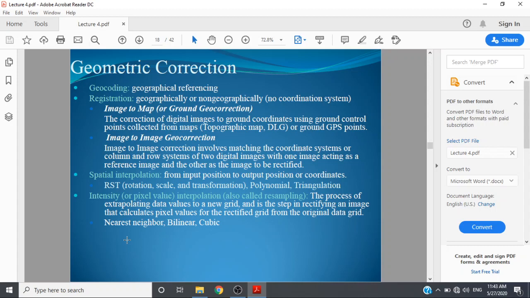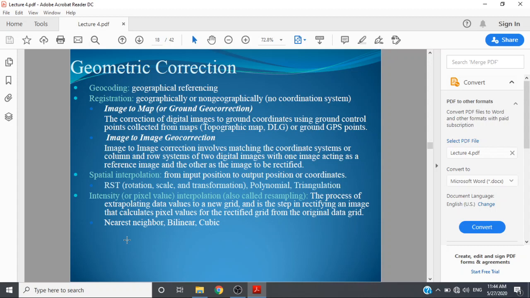The correction of a digital image to ground coordinates using ground control points collected from maps, topographic maps, or ground-based GPS points. Image-to-image geocorrection. Image-to-image geocorrection involves matching the coordinate system or column and row system of two digital images, with one image acting as a reference image and the other as the image to be rectified.